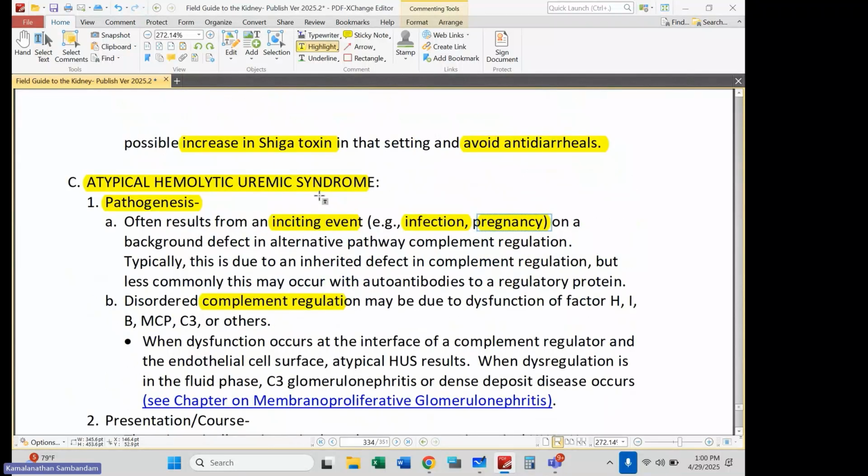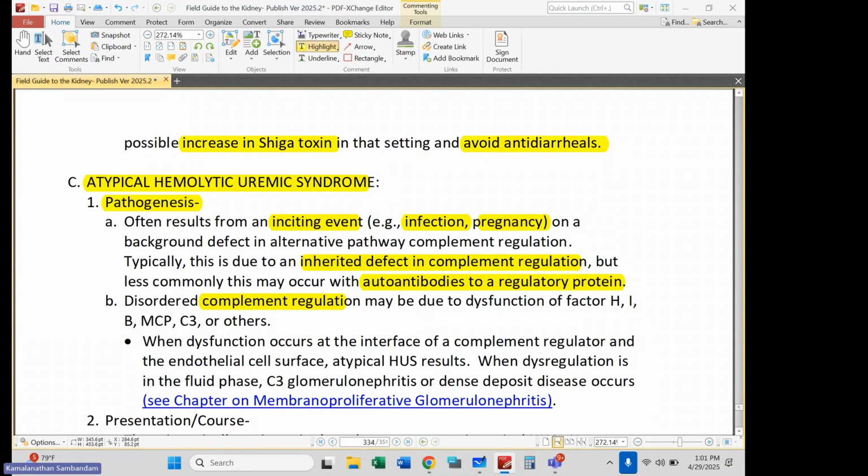So again, inciting events often are present, such as infection or pregnancy, and then that may occur in this background of inherited deficiencies in complement regulation. You can also have an acquired deficiency in complement regulation, such as the production of an autoantibody that inhibits complement factor H, for instance.